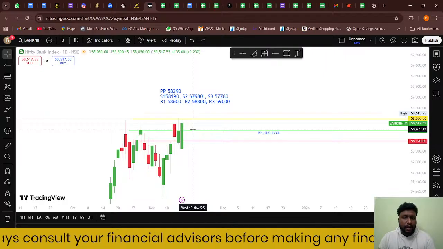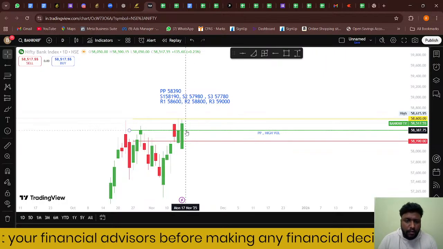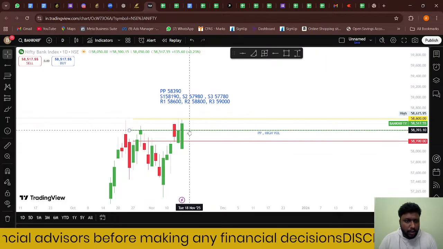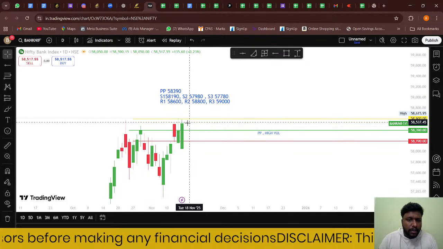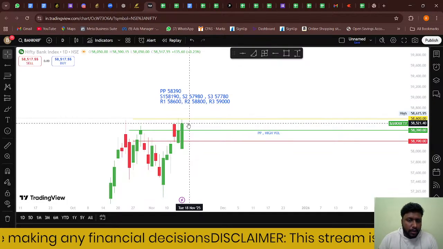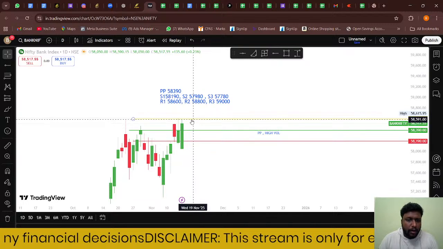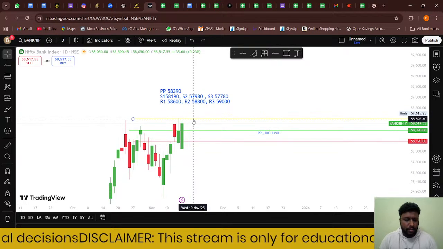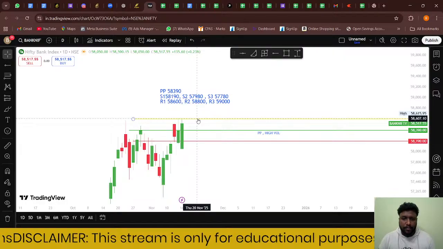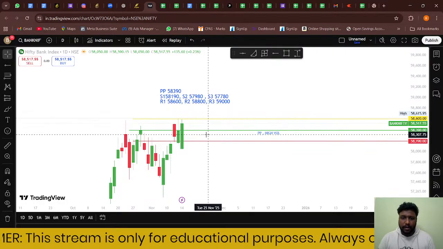So you can plan your trade accordingly, and you can trade up to R1 if it is opening anywhere near this pivot line, or if it is opening above this particular level, then you can wait for a pullback to this level, or you can plan a trade from this particular level, which is R1.